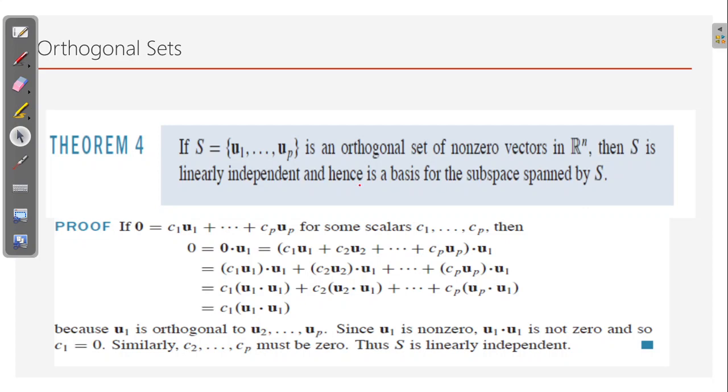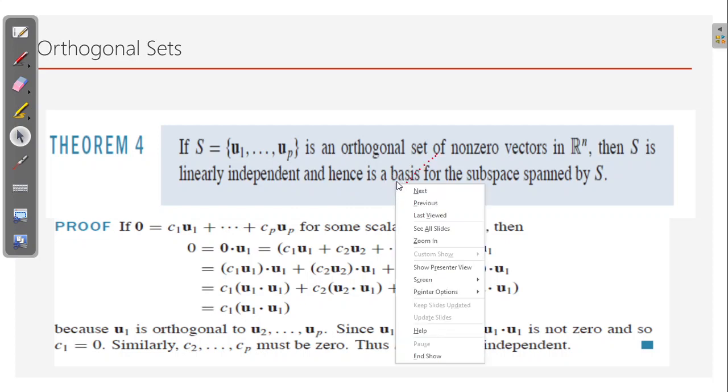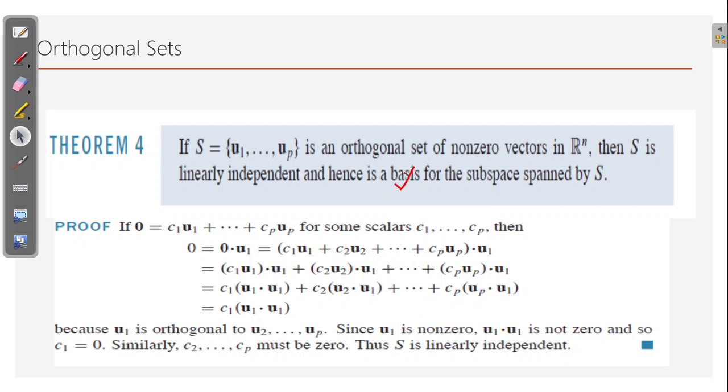So in this theorem we came across this basis. If you have any doubt about the theory or concept regarding basis, you should go back and recollect what you mean by a basis.